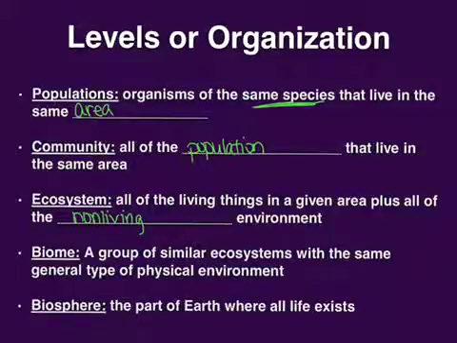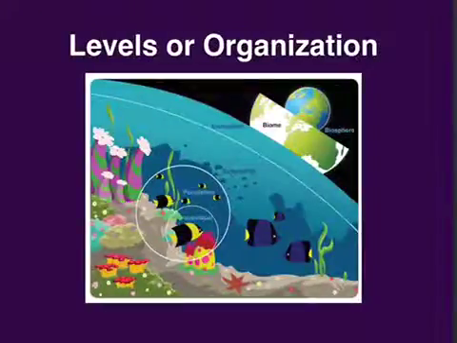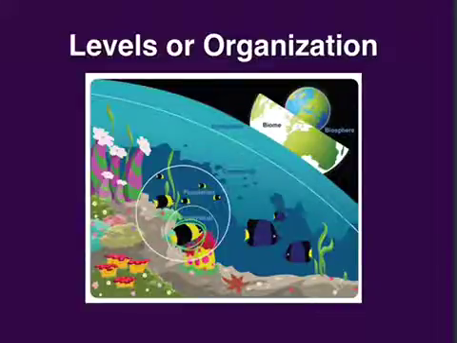And then the biosphere. Bio again, remember, means life. Sphere of life would be anywhere on the earth where life exists. And so here we have this diagram where we have the individual, we have the fish, the population is all of the same species of fish in a given location.